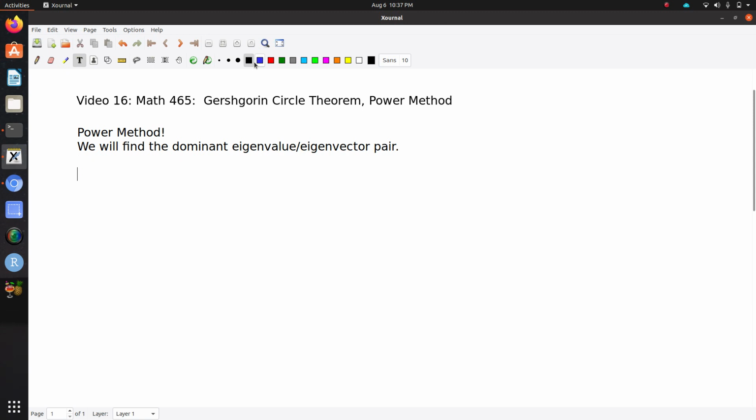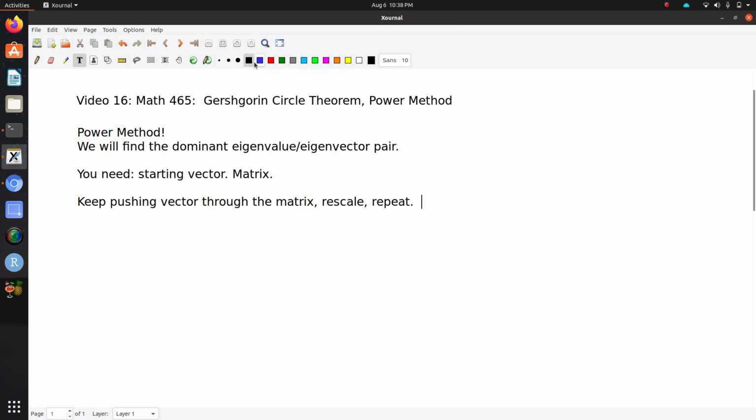You need a starting vector. So like your recipe, you need a starting vector, and you need a matrix, and then you keep pushing the vector through the matrix, rescale, repeat, and we see where it levels off.